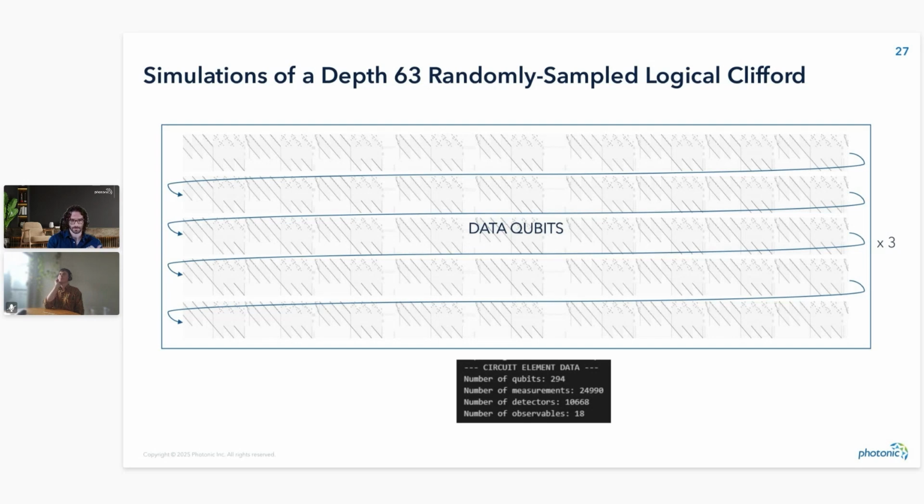So we ended up doing this for a randomly sampled logical Clifford, which we synthesized. I'll talk about that in a moment. But just to give you an idea of the kind of sizes that we're dealing with here, this results in a detector error model where the number of detectors is listed here at a little over 10,000.